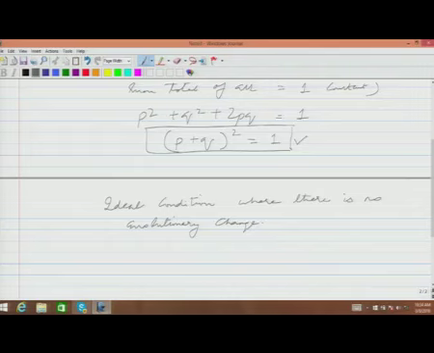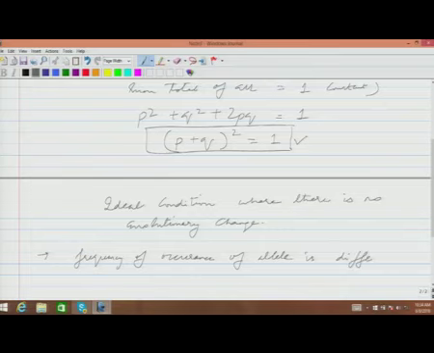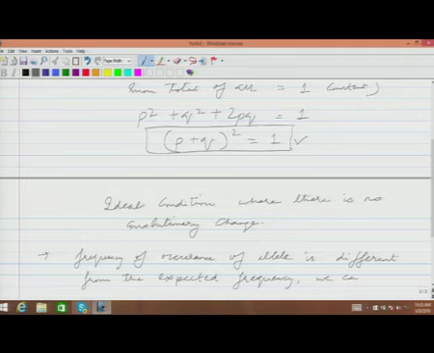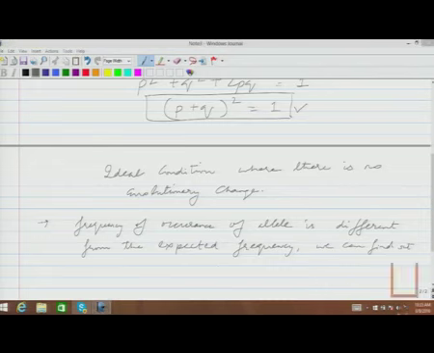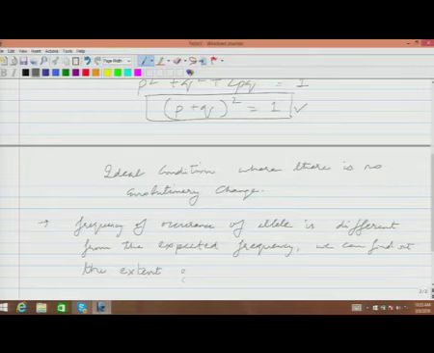Since the mathematical expression will help you in finding out the frequency of occurrence of the alleles, if we find that the frequency of occurrence of an allele is different from the expected frequency, we can find out the extent of evolution.